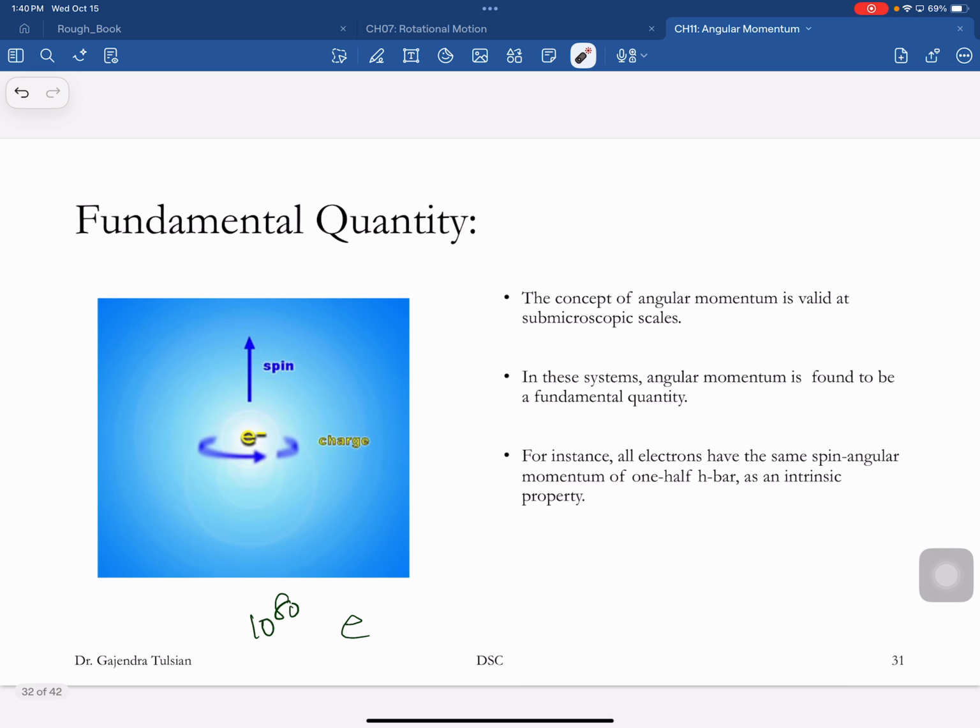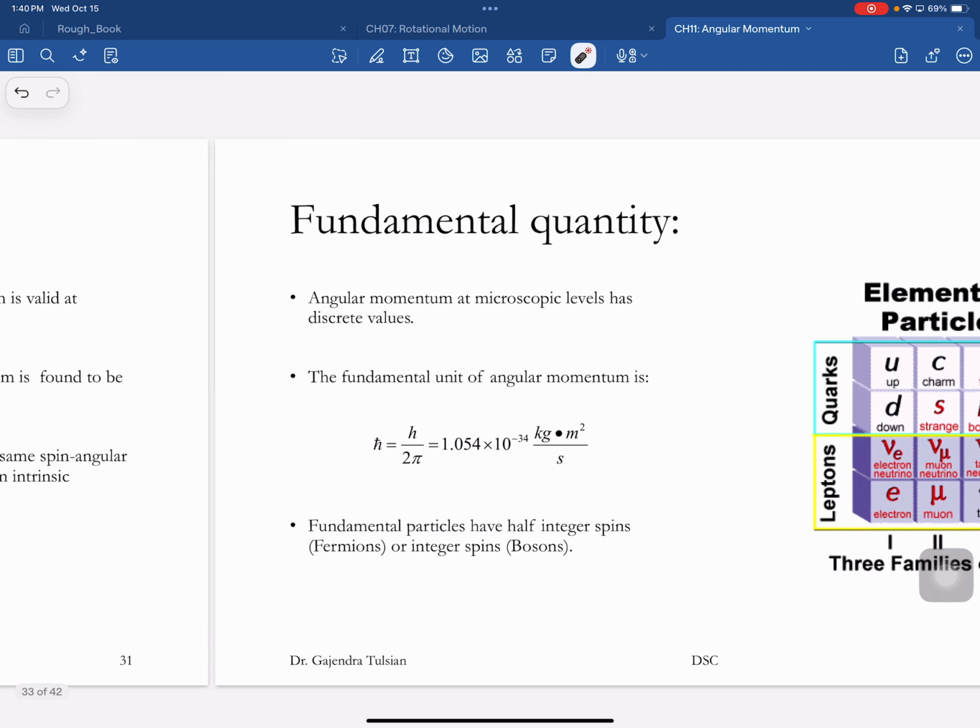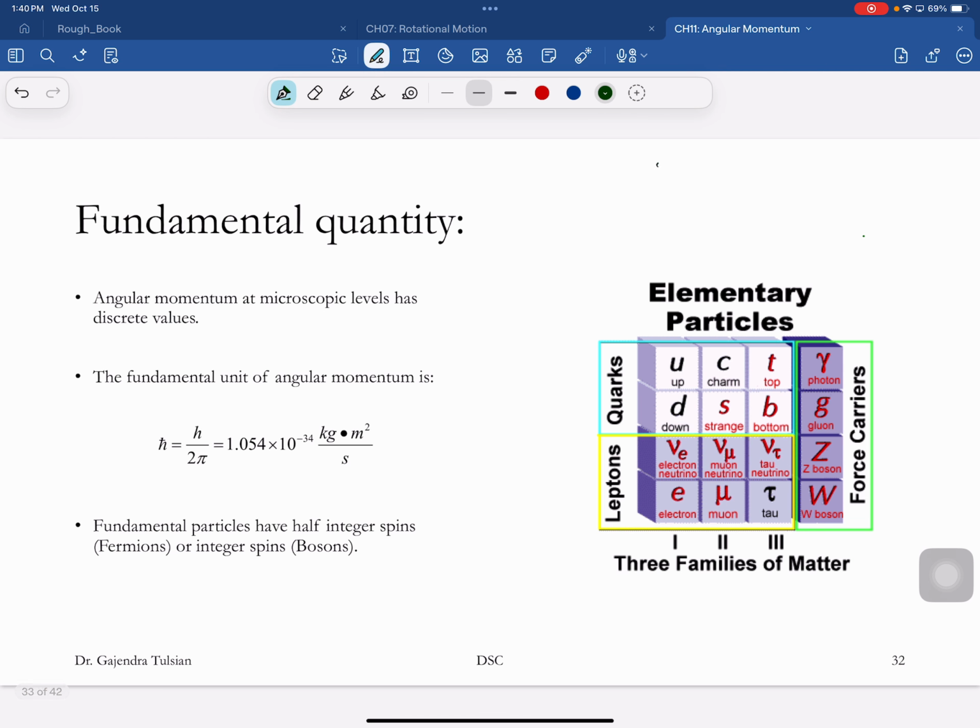And it turns out that every electron is spinning, and here's the amazing part, it's spinning at the exact same rate. The angular momentum of an electron is 1/2 h bar. The angular momentum of a proton is 1/2 h bar. The angular momentum of a neutron is 1/2 h bar.